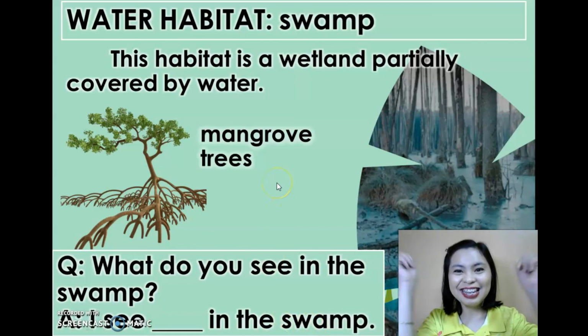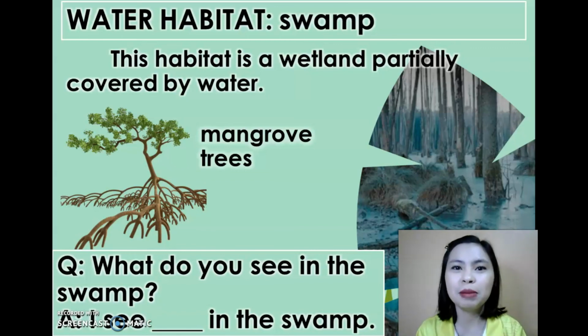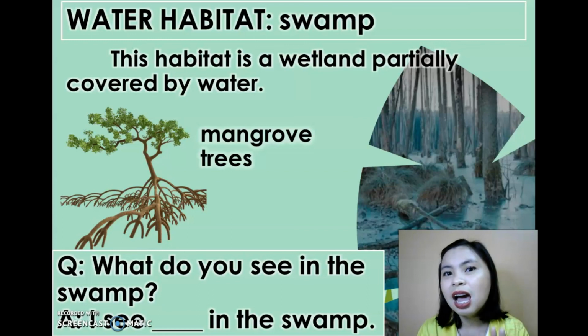Okay. Yes, we are all done with water habitat and all about habitat. So I hope you learned something from Teacher Melody. Let's have a quick review for our lesson about habitat. Say habitat. How many different kinds of habitat did we study today? 2.